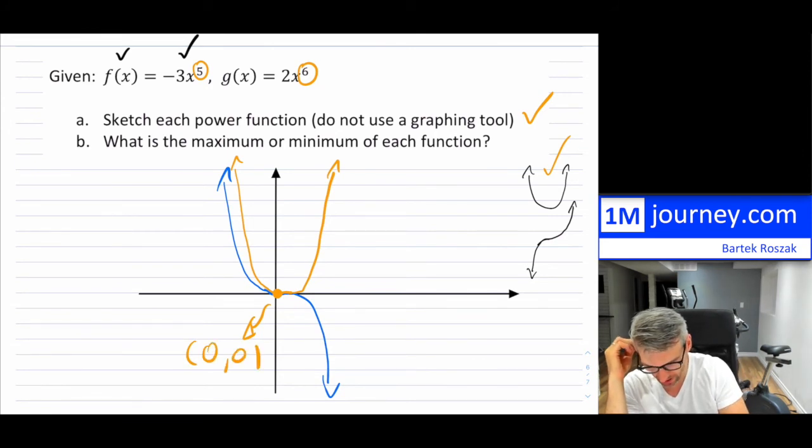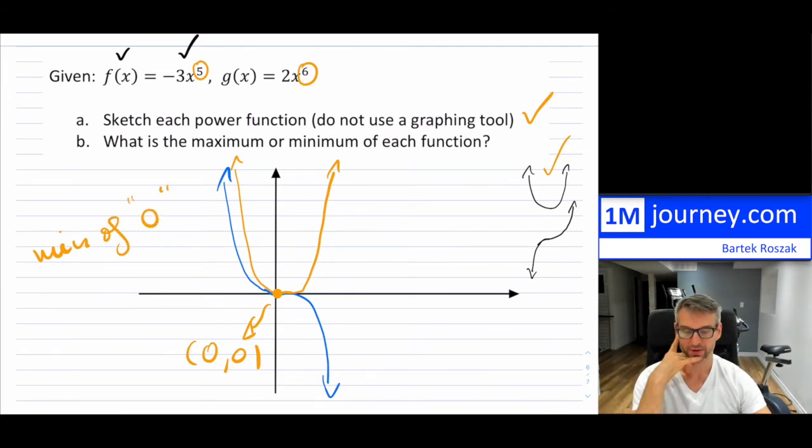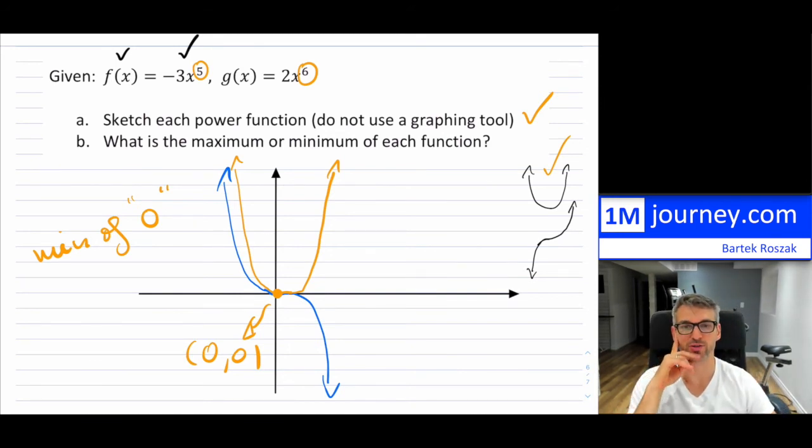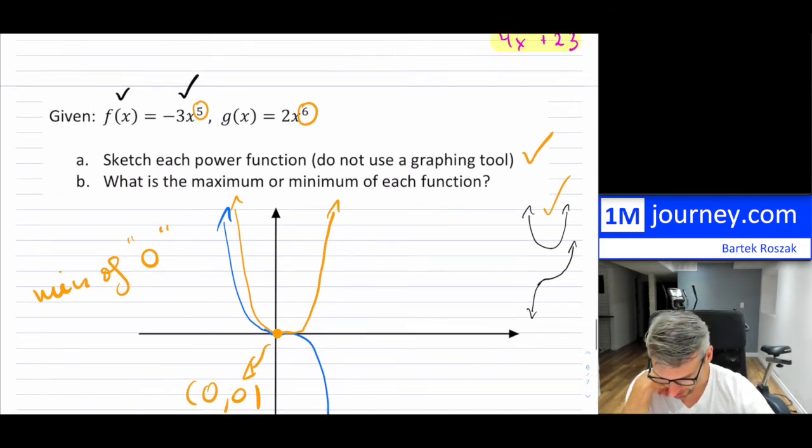So this is a minimum of 0. Okay, for the g of x. That you don't need any kind of graphing tools. Okay, for power functions, graphing tools are more if you really want to be accurate. But for power functions, we should know how to graph them pretty simply. All right, so that's another example.